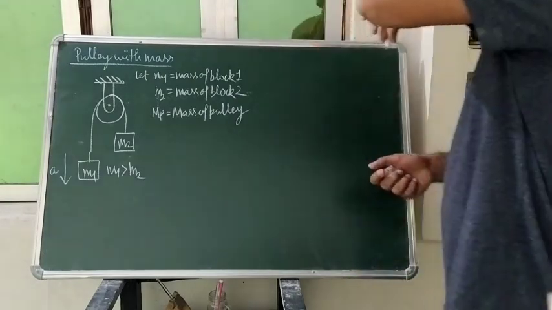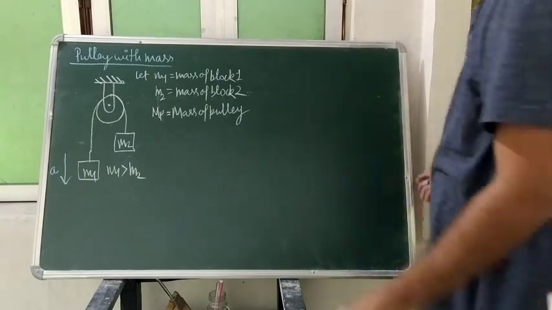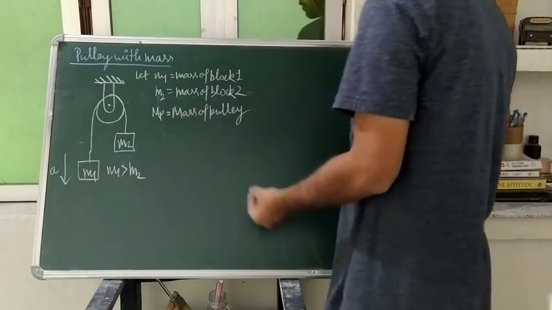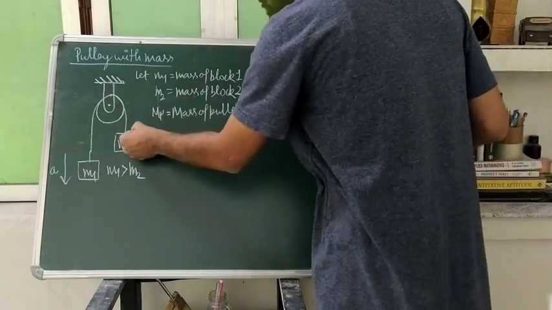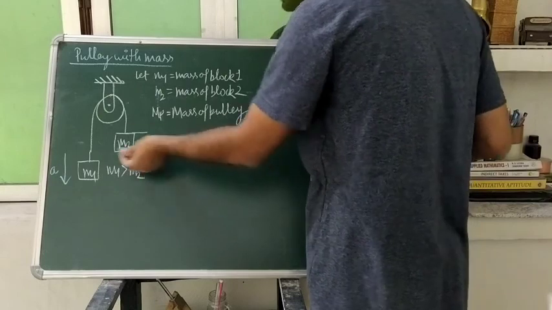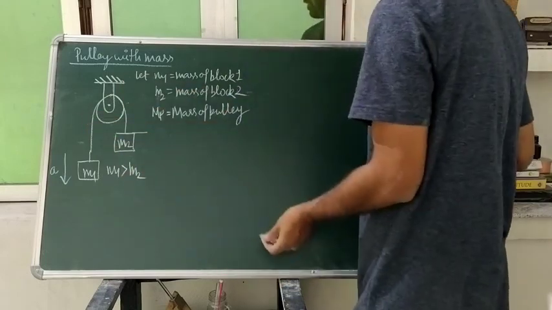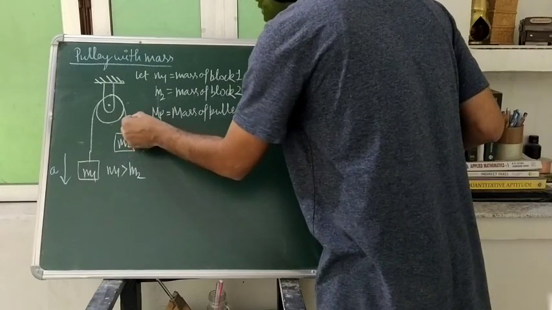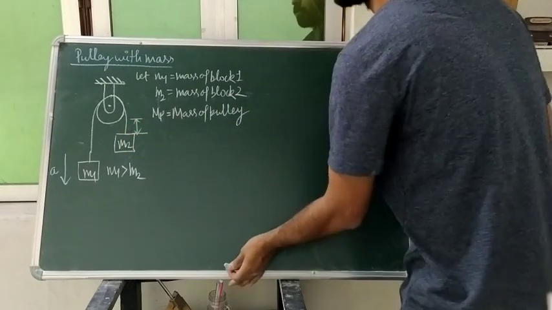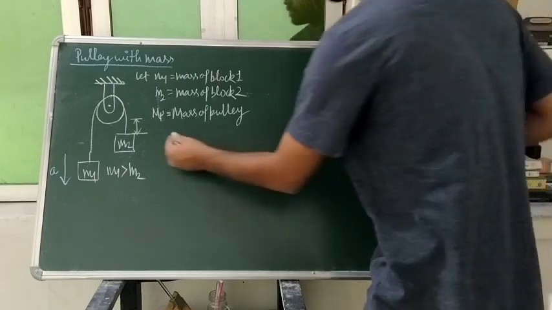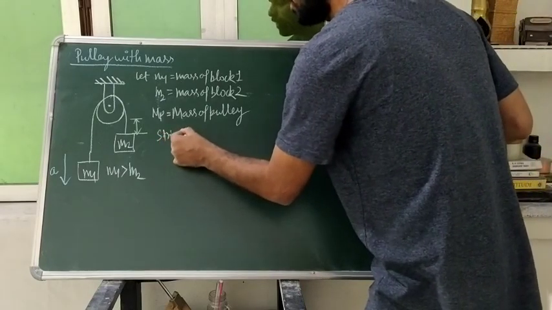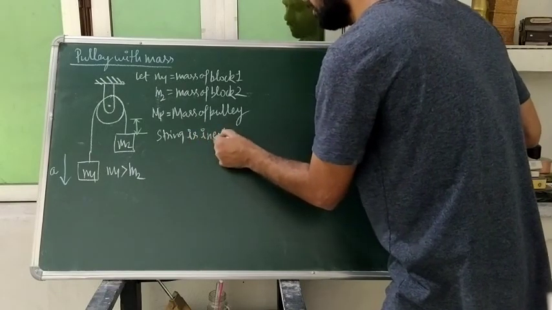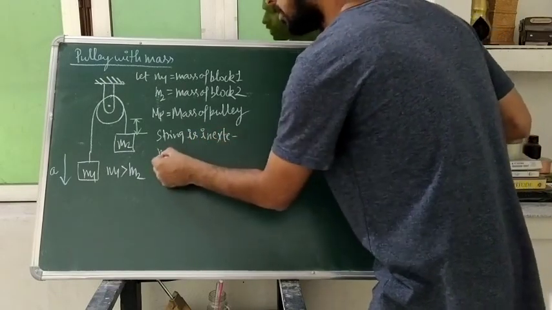So mass we are assuming here. Look students, when we are talking about this arrangement, of course, since it is the same string present here, the length of the string is constant. The string is inextensible.